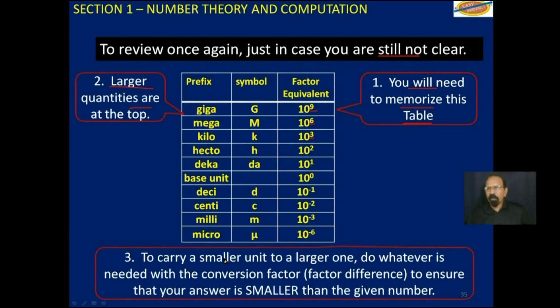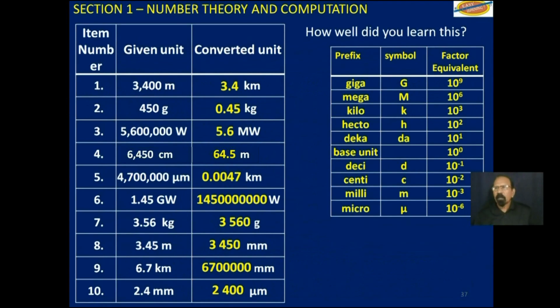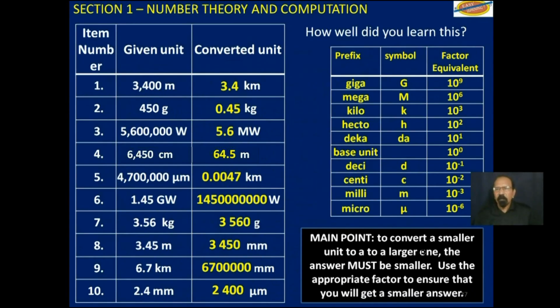To carry a smaller unit to a larger unit, you would get the factor difference and then you would multiply. And so this is what we were learning. The main point is to convert from a smaller to a larger one, you must get an answer that is smaller. Use the appropriate factor to ensure that you will get a smaller answer.